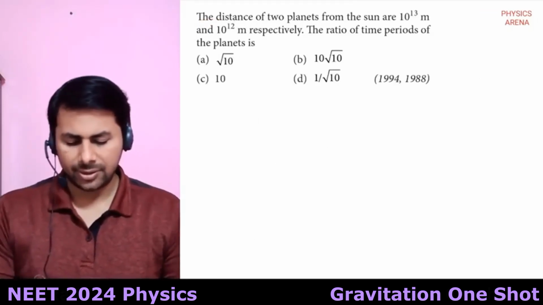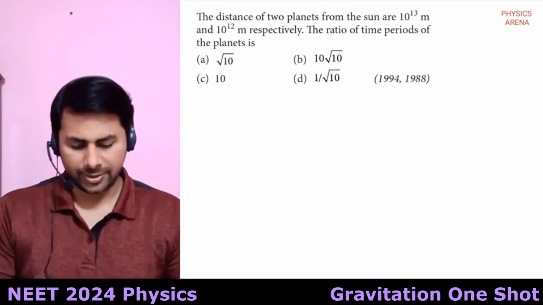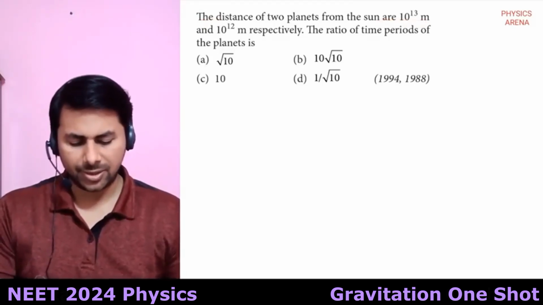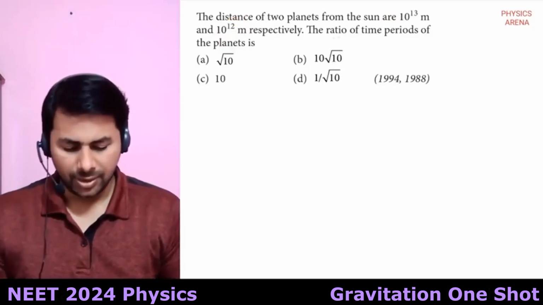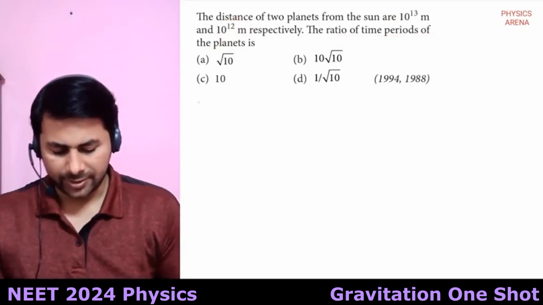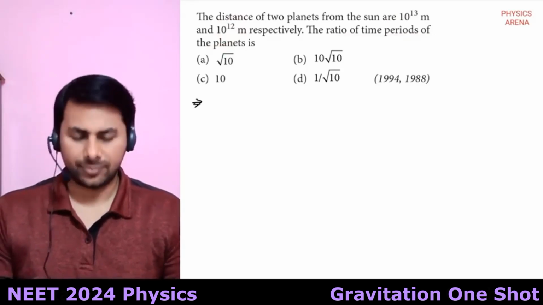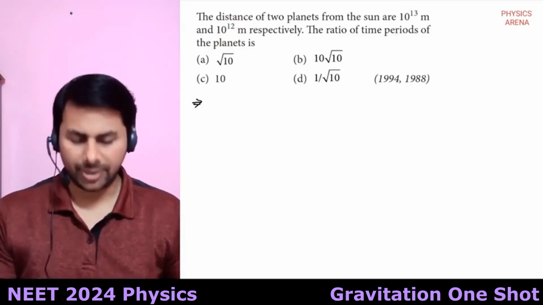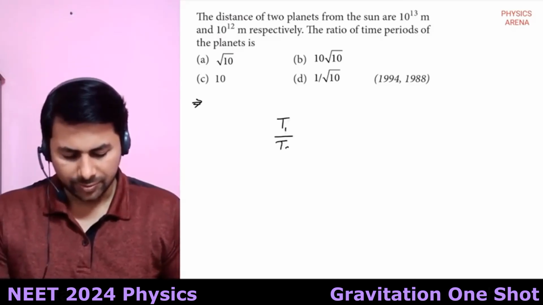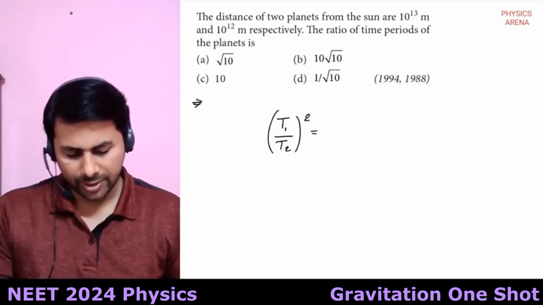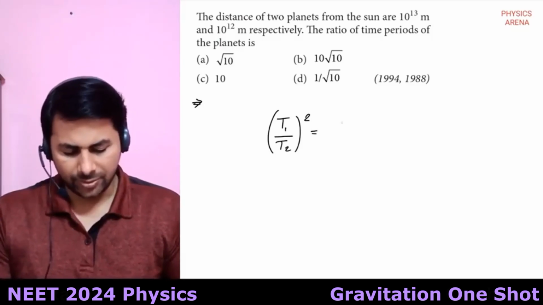See next one. The distances of two planets from Sun are 10 raised to 13 and 10 raised to 12 meter respectively. The ratio of time periods of planets is, tell me. Again we'll do same thing. T1 by T2 whole square is equal to R1 by R2 whole cube.